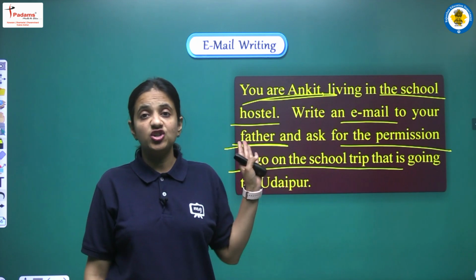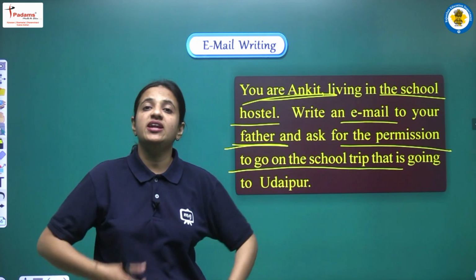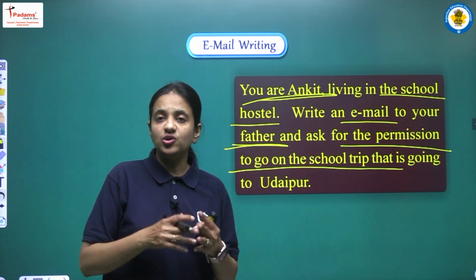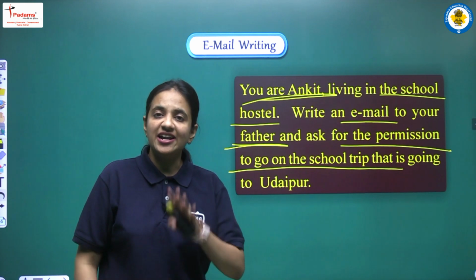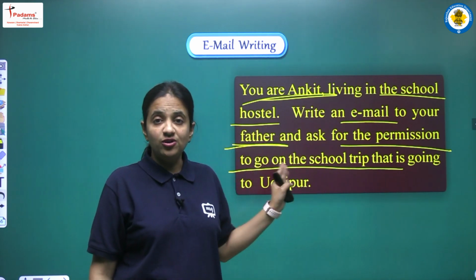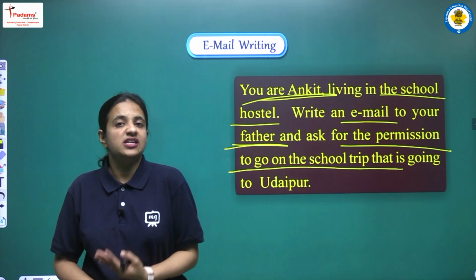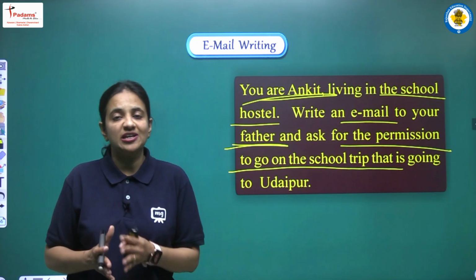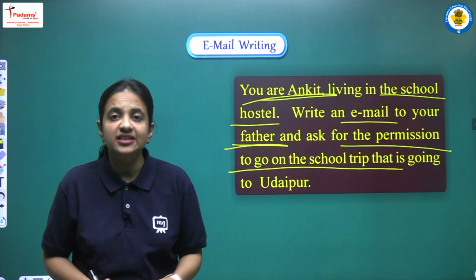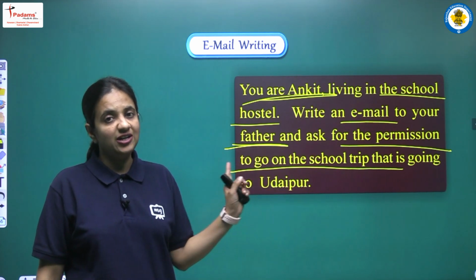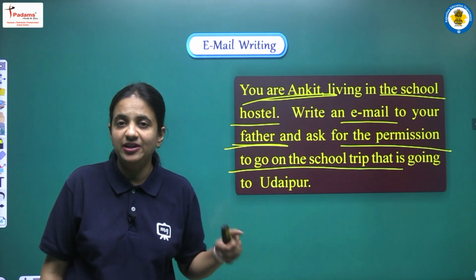So students, I am repeating this thing again. Just read the question very carefully, read it again and again and try to collect all the details that are given to us, right? Only then will you be able to frame your lines, your sentences, or we can say your subject matter that you have to write in the email. According to this question we have to write the email to our father.